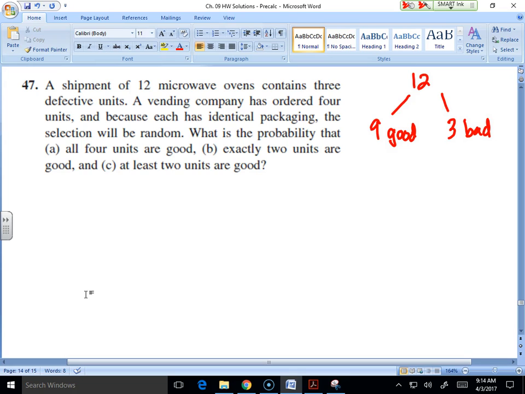All right, all 4 good. What'd you guys do? 12C4. For the probability, you're a fraction, so we have 12 total microwaves, and they're getting 4 of them. That's total, 12 total, getting 4.